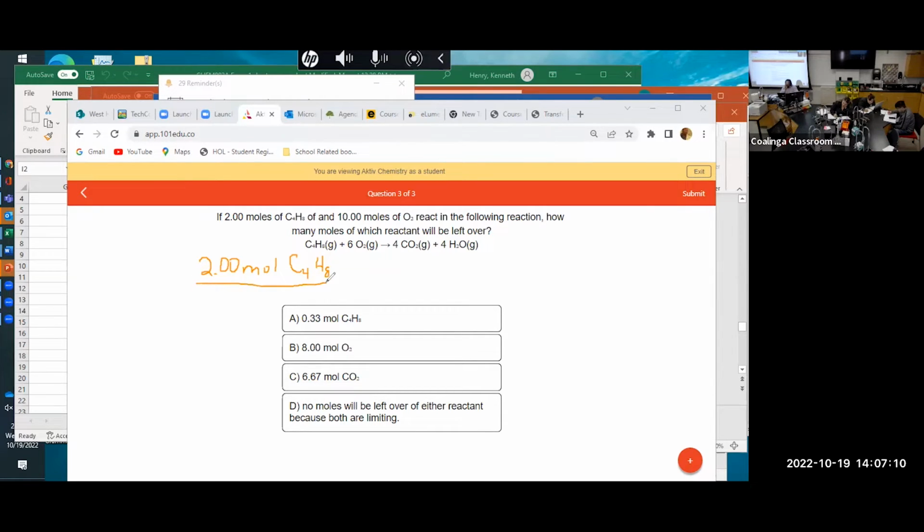And I want to compare those to what? 10 moles of oxygen. So I want to figure out what is the relationship with oxygen. What is my mole to mole ratio? 1 to 6. So for every 6 moles of oxygen, I have 1 mole butene.